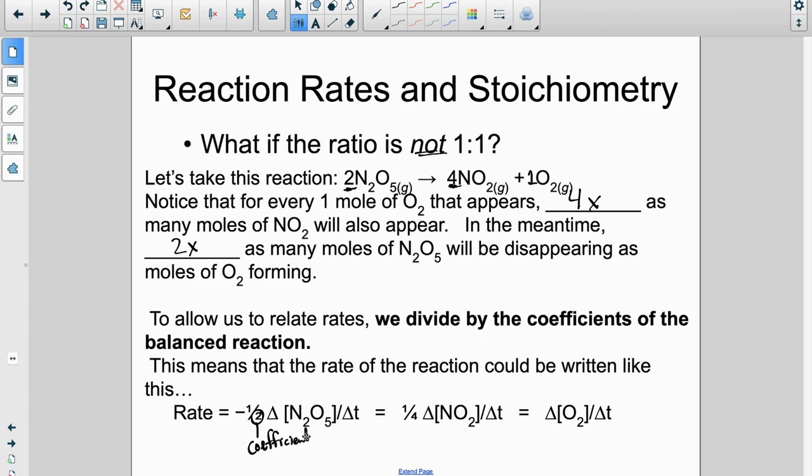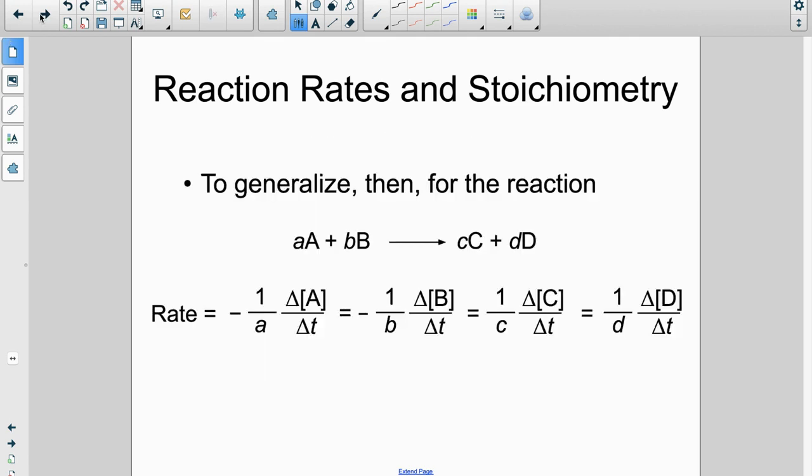That will let us equalize the rates to each other. And in general, for a general reaction, the rates are going to be 1 over the coefficient times the rate, 1 over the coefficient times the rate, and so on.